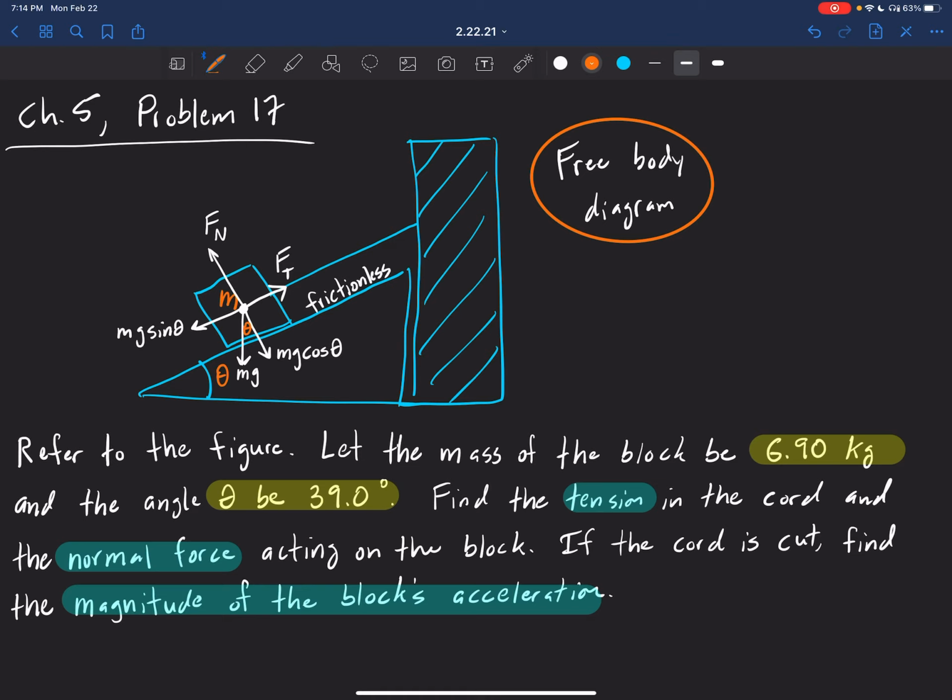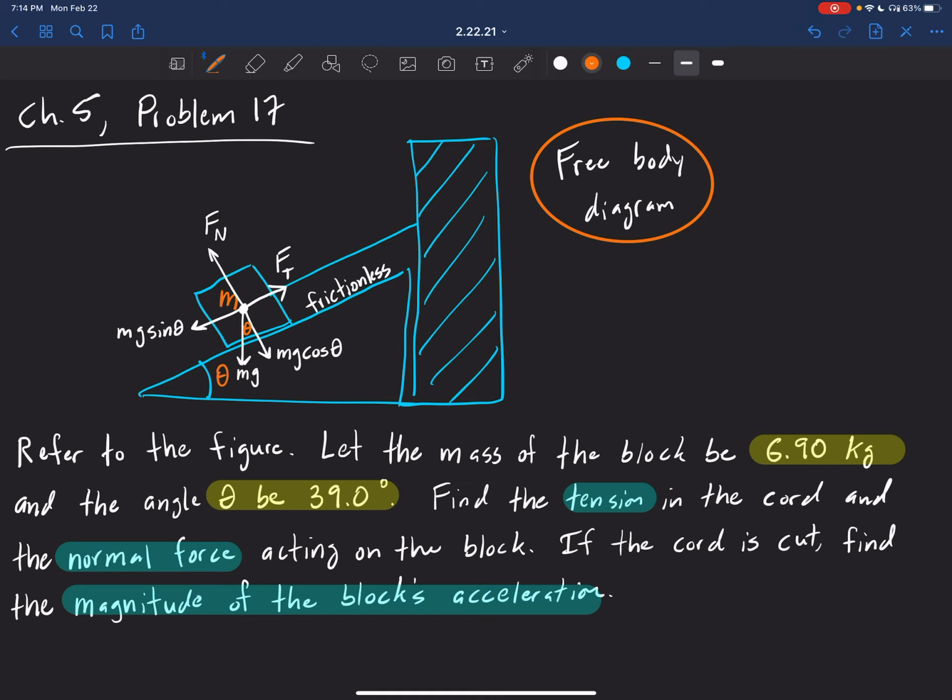And perpendicular to the slope, the normal force and the cosine component of the weight are opposite to each other. We're going to use that information, and we're also going to extrapolate one more piece of information, and that's how we're going to solve the first part of this problem.